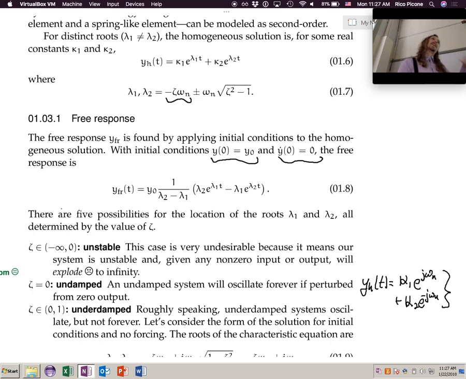Vibrations has a lot of really interesting stuff, and I don't want to get distracted, because I would love to, but I'm cognizant that this material is kind of tough. The idea is that if you calculate zeta for a second order system and it comes out negative, this section doesn't describe that in detail.